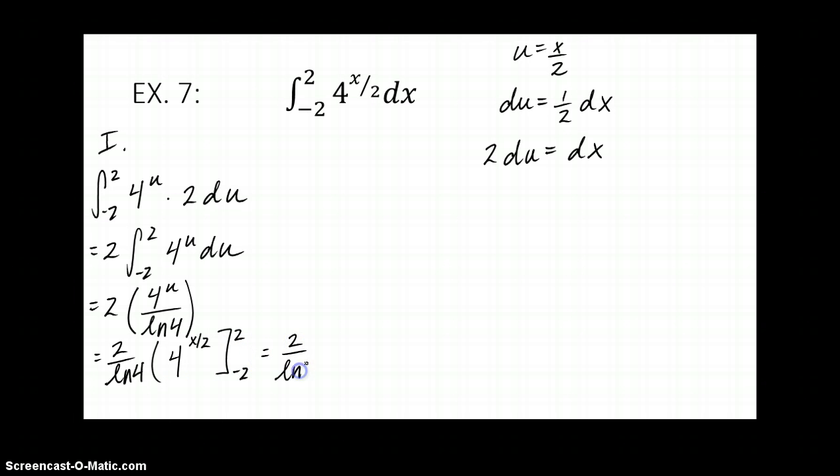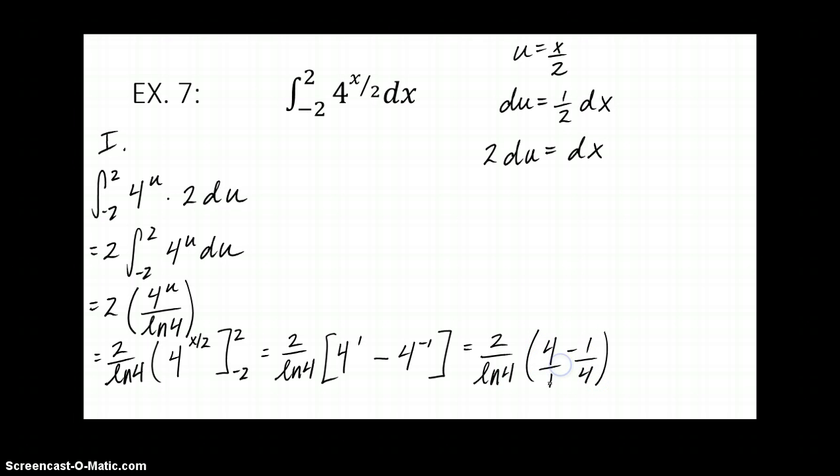So 2 over ln of 4 times 4 raised to 2 divided by 2, the first power, minus 4 raised to -2 divided by 2, which is 4 to the negative first power. So 2 over ln of 4 times 4 minus 1/4. With common denominators, this becomes 15 over 4, so I would get 30 over 4 ln of 4.